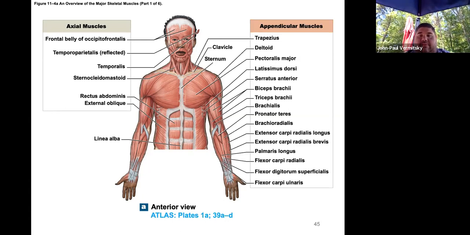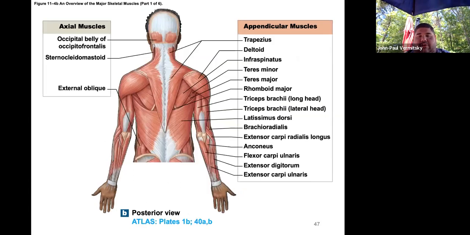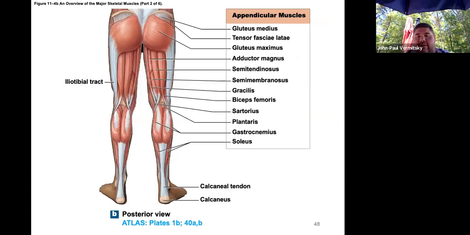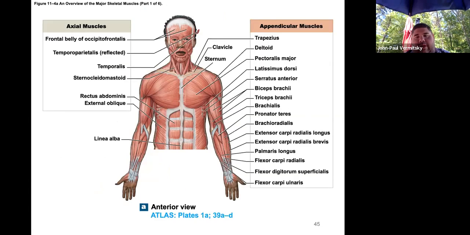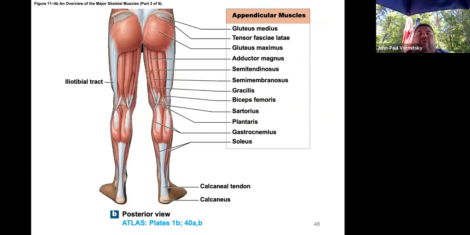But these are the superficial muscles, and you'll need to know the lower half right here, posterior side and lower side. So these 4 pages, print these out, keep these with you. Also, in the atlas, when you're looking that up, these are the muscles that you need to be able to identify as far as structure is concerned. Okay, very great figures here that I would keep handy.